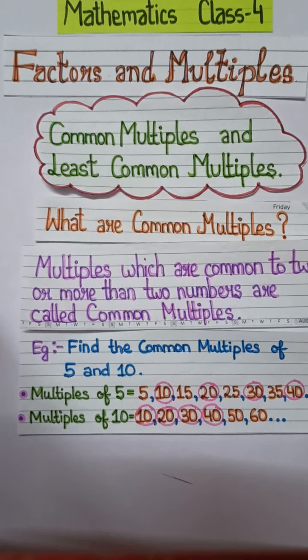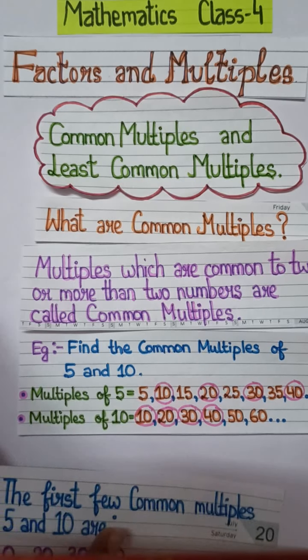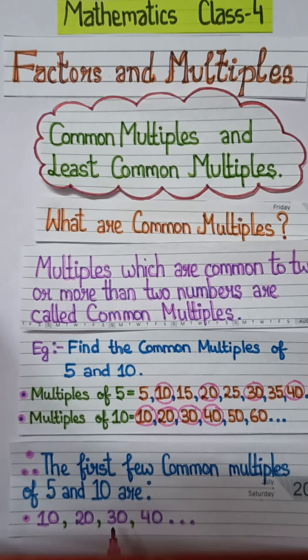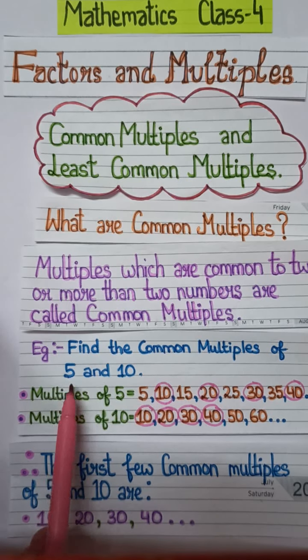So we see that the common multiples for both the numbers are 10, 20, 30, 40 and so on. These are the common multiples of both 5 and 10.